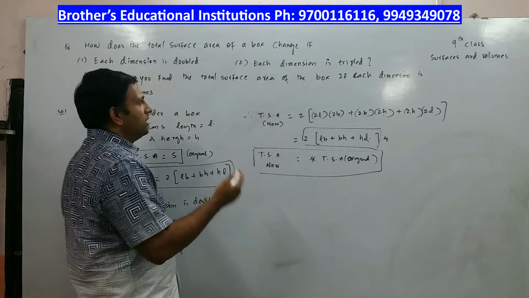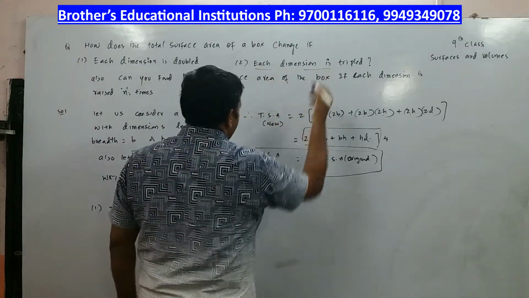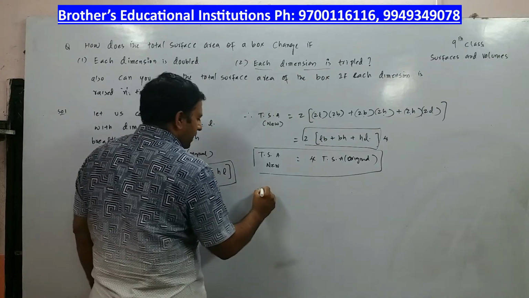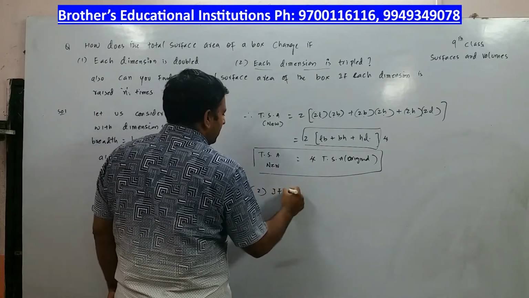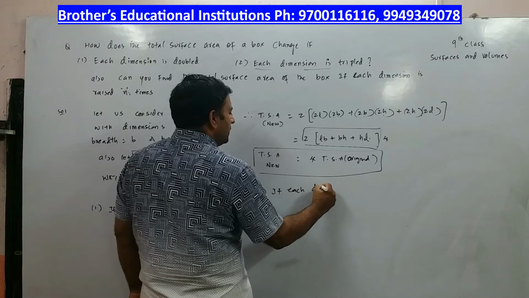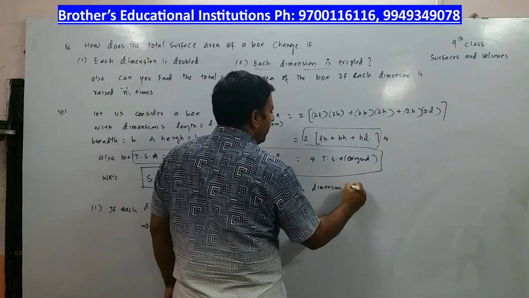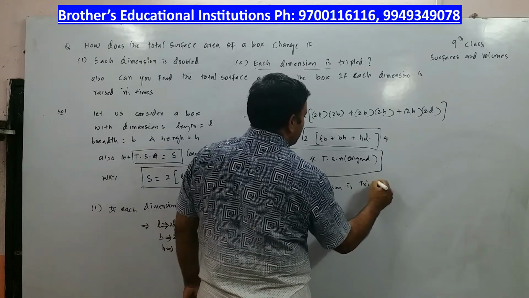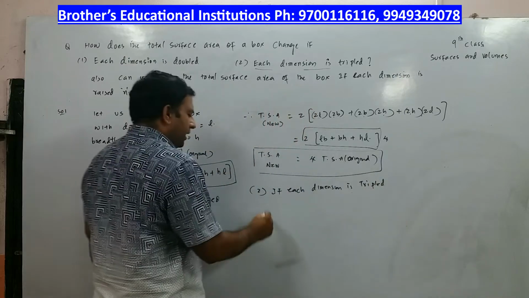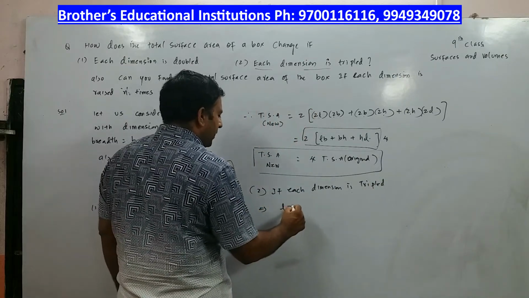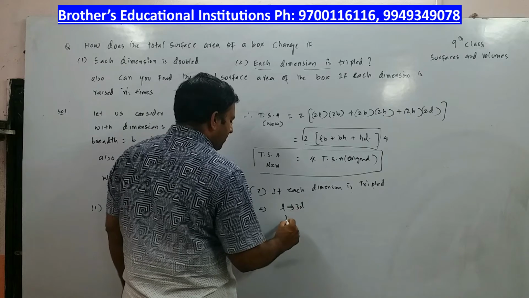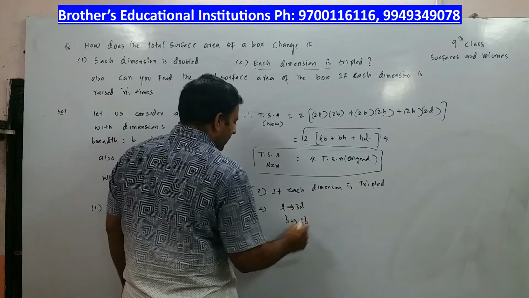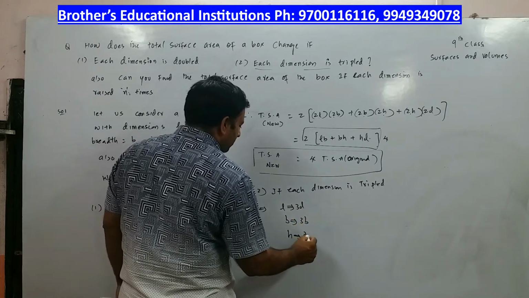Now let us look at the case if each dimension is tripled. So simple it is. Now in the second part, if each dimension is tripled, what will you get? It means original length is becoming 3L, original breadth is becoming 3B, original height is becoming 3H.